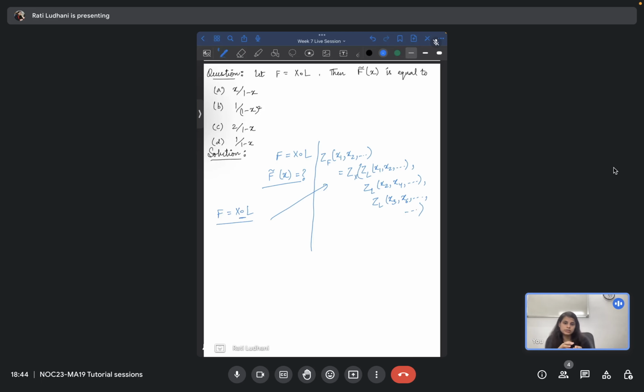Composition says you take u, so let's say this is your u, and you first partition it.